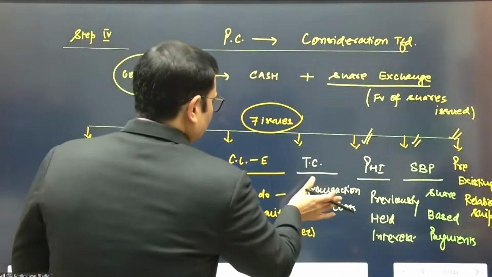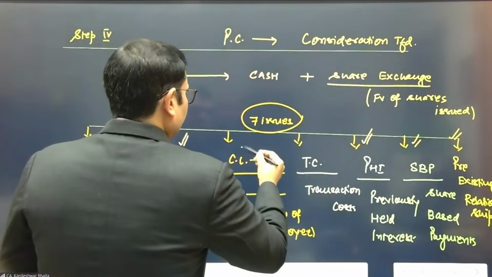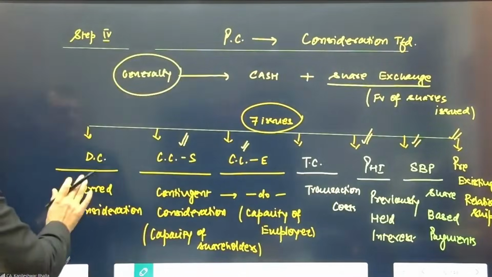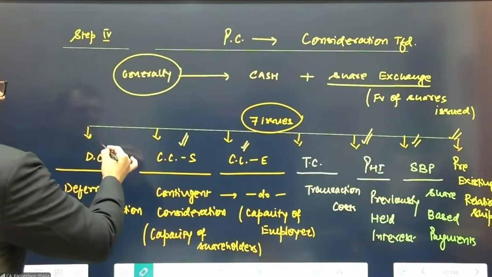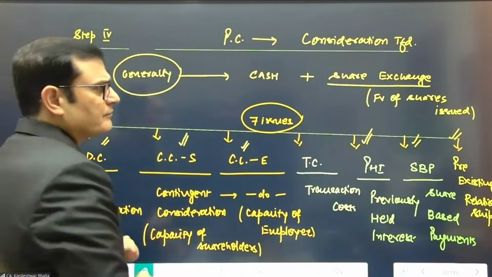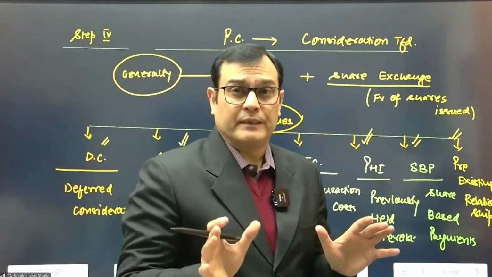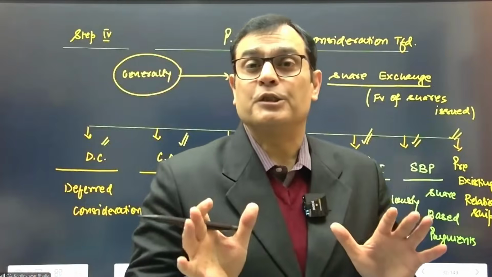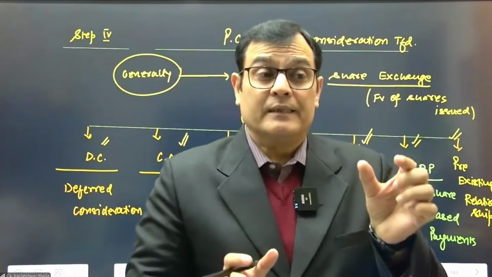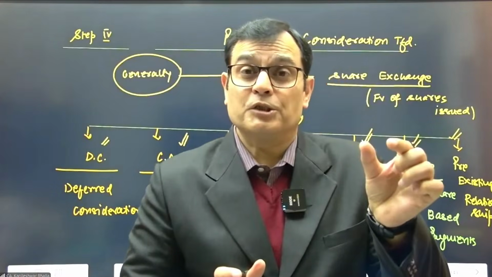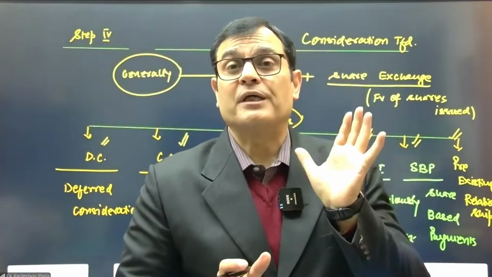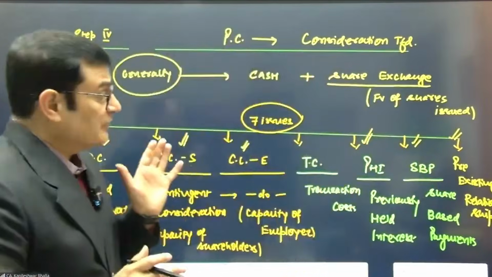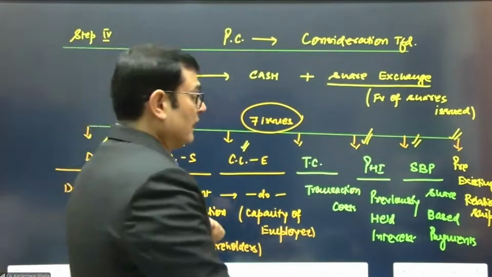TC is too small to get independent questions, and of course it also gets covered. Even on DC, you can get a small question as well. So except TC, you can get questions on each and every issue independently, meaning only one particular issue can come up in a question. Right, friends, let's begin with our inputs on each of these elements one by one.